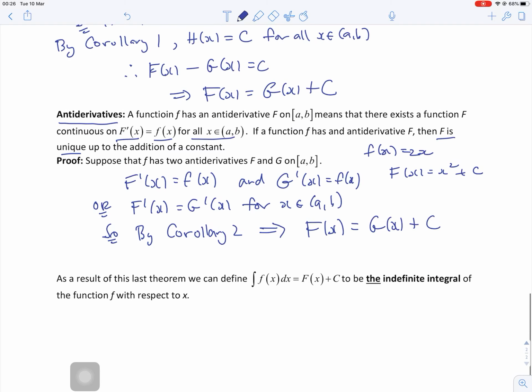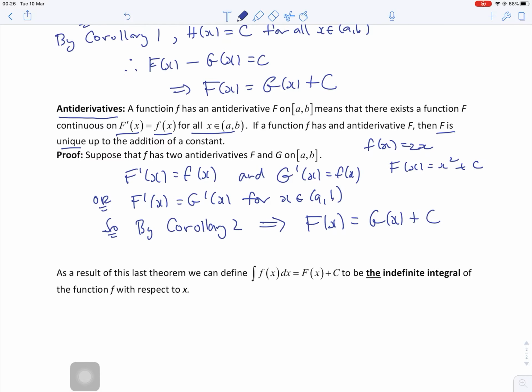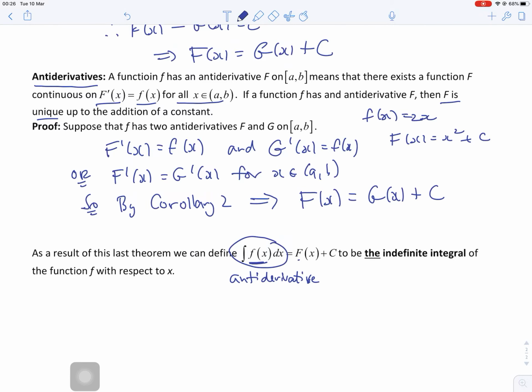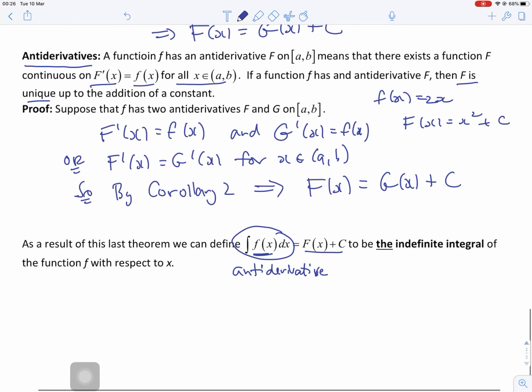And that's why when we have a function like f of x and we say, well, we're looking for the antiderivative of little f, once we know a function that's equal to it, every other function, so if it happens to be that big F of x is the antiderivative, every other antiderivative is big F of x plus a constant.